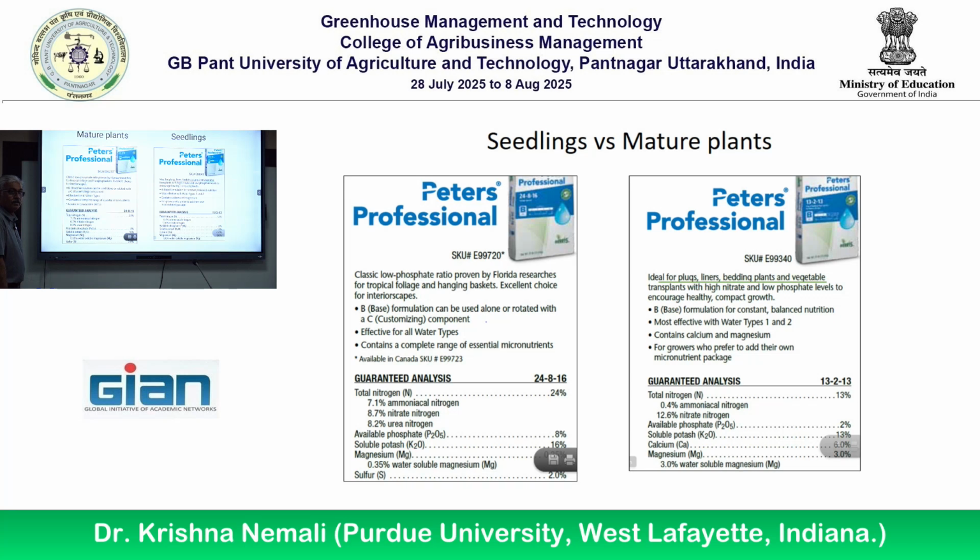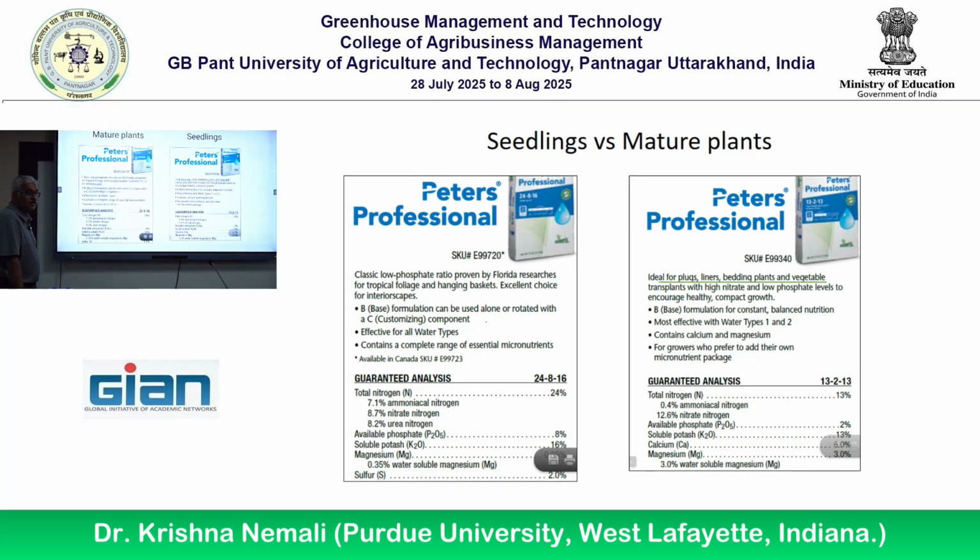So in the mature plants, more nitrogen is required than the seedlings. No, keep going down. What am I talking about? I'm not talking about nitrogen. Phosphate levels are also low in seedlings. 2%, isn't it? Available phosphate is 2% here for seedlings, whereas here 8%. We want to give a fertilizer which has a low amount of phosphorus for seedlings, especially in floriculture crop production.